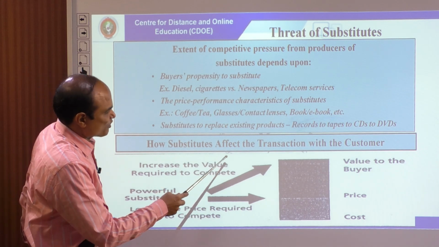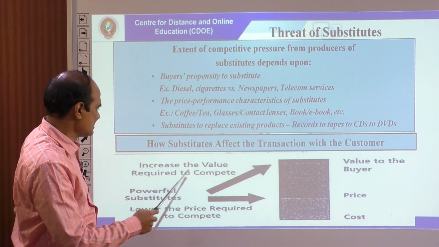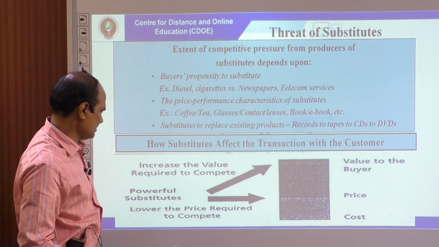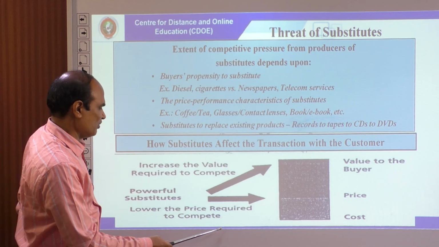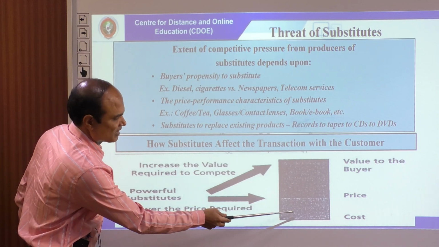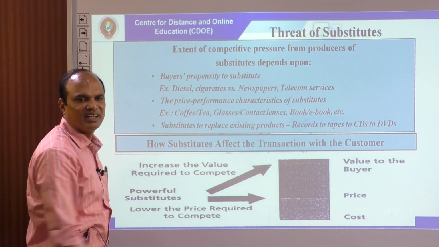How do substitutes affect the transaction with the customer? The more powerful the substitutes, the lower the price required to compete. This is all associated with cost and price and how it creates value for the buyer.